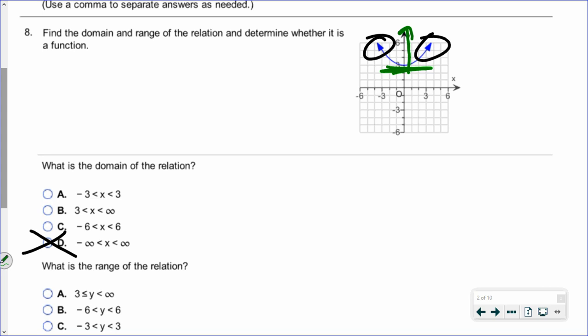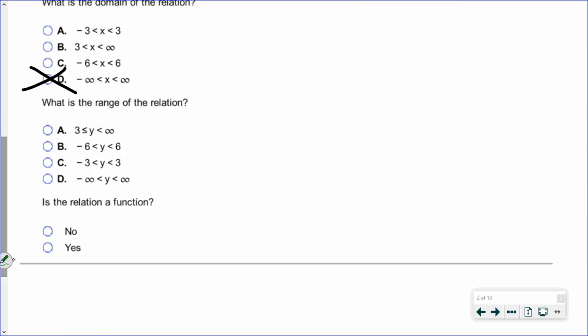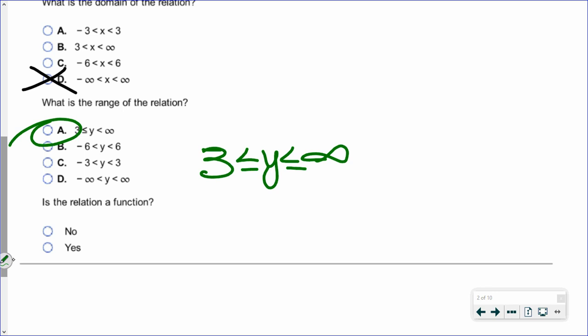I never stop running into it, so therefore my y value is trapped between 3 and infinity, which means it's going to be less than or equal to those values, which is going to give me a. And this should have been just a less than symbol because you have to have a parenthesis around infinities. Do we understand that? Okay, any questions so far?